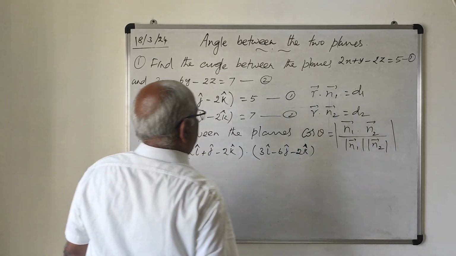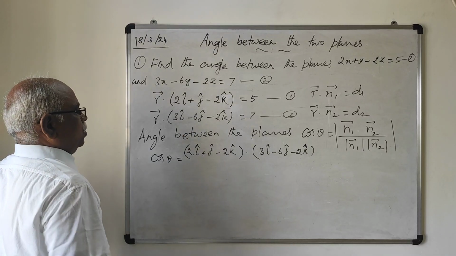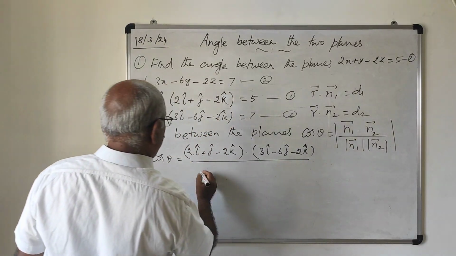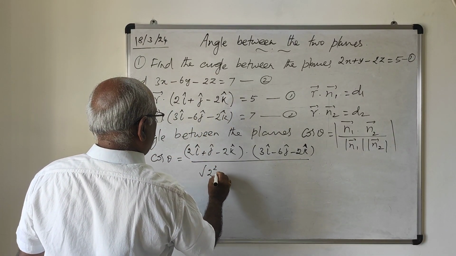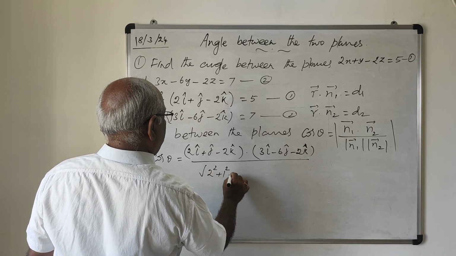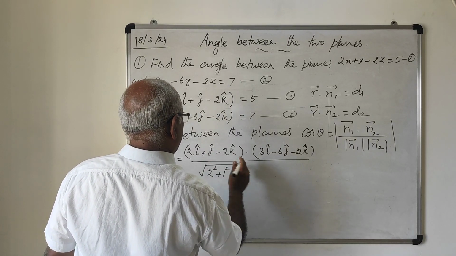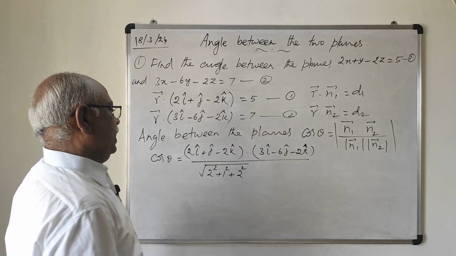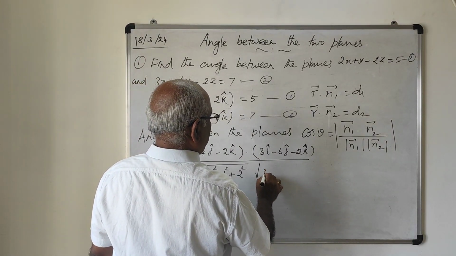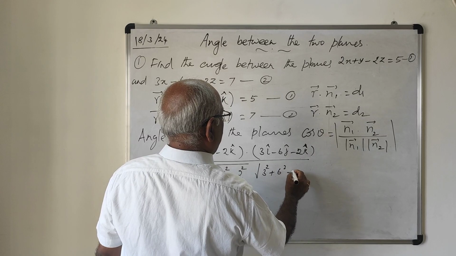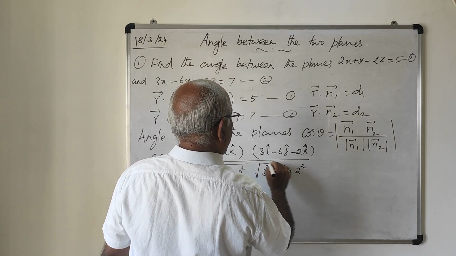Here, modulus of n1 is root of 2 square plus 1 square plus minus 2 square; squaring, minus becomes plus. Similarly, modulus of n2 is root of 3 square plus 6 square plus 2 square.